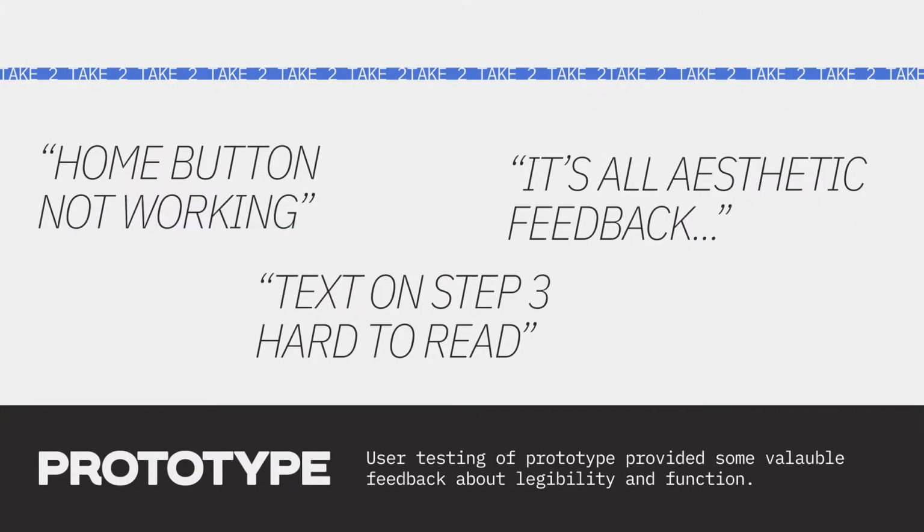When we start prototyping, we get some valuable feedback. Sometimes as simple as the home button isn't working. Sometimes a little bit more detailed, such as the text on this step is a little bit difficult to read. Could you maybe move the symbol in the background a little bit to make it easier to understand?